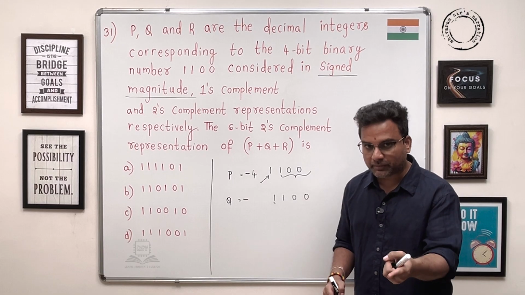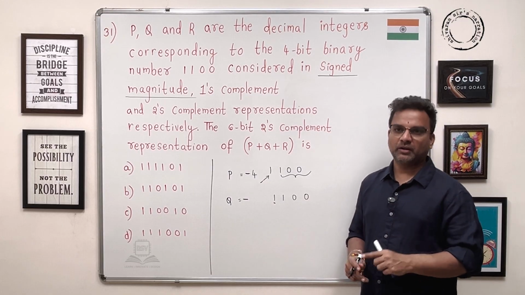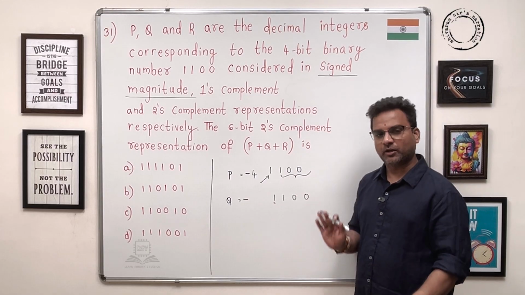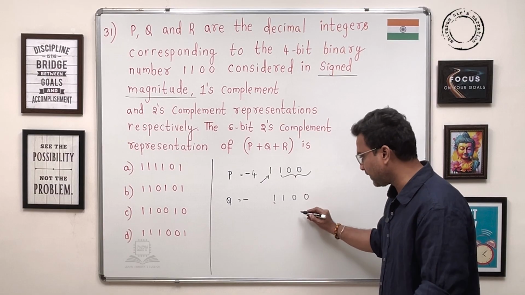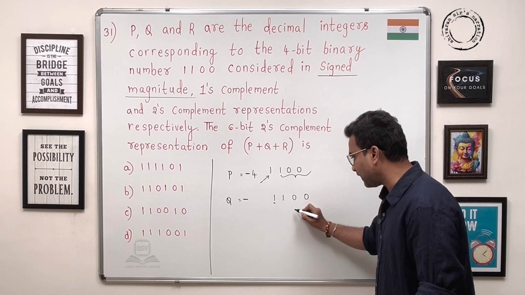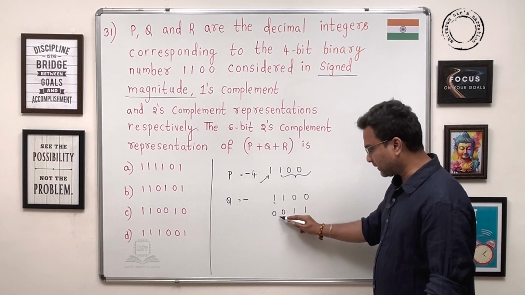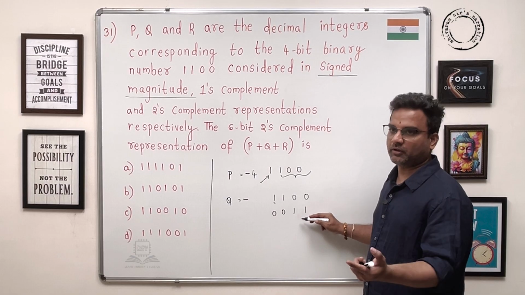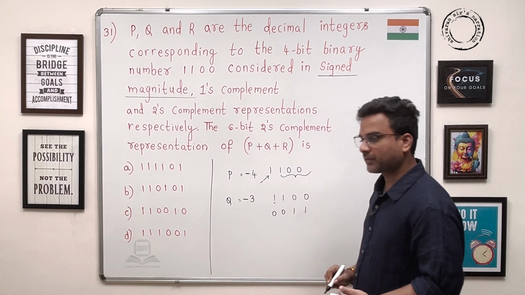You want the decimal number, so apply 1's complement again and then convert into decimal. If you apply 1's complement, you will get 0011. Then if you convert this into decimal, you will get 3, that means minus 3.